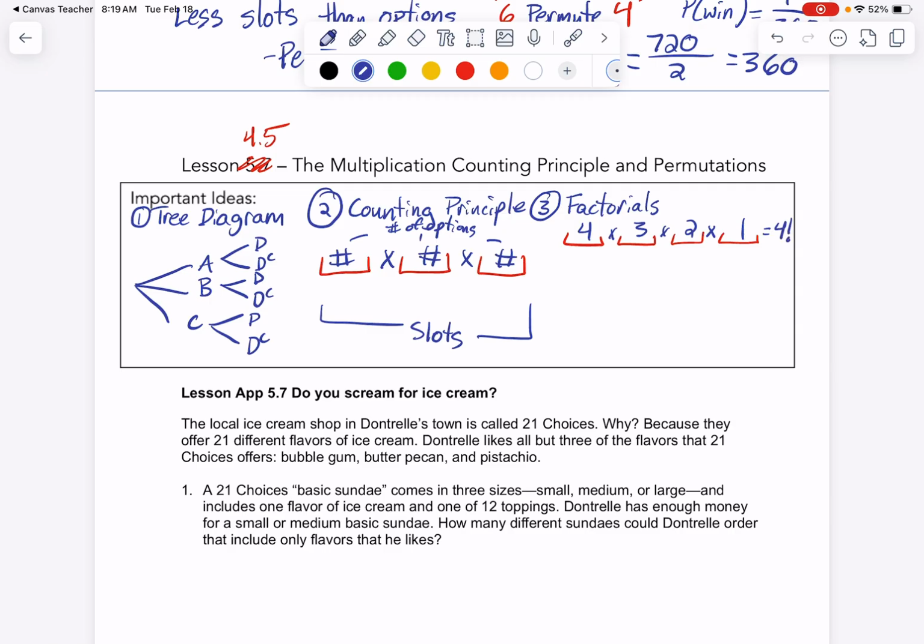So this is when the options equal the number of slots and when the options decrease by 1.